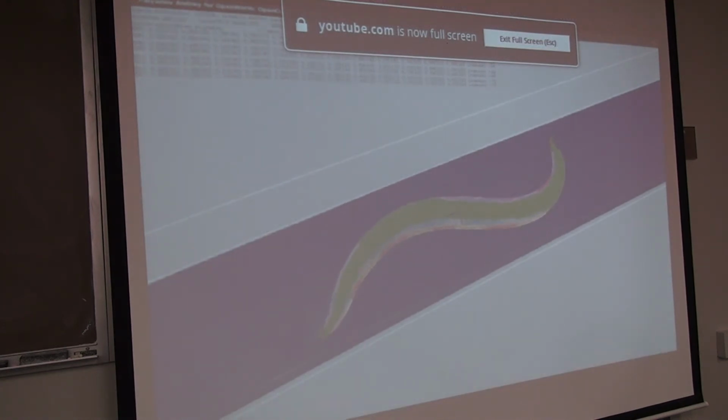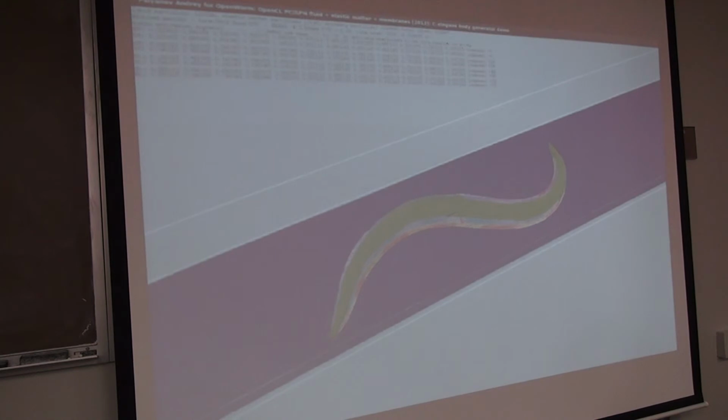I don't have audio hooked up. Well, basically, this is a simulated worm. And what's interesting is it's behaving like the actual C. elegans nematode roundworm actually behaves in the real world, and yet this is a simulation. So we can take these roundworms, which you can only see under a microscope because they're very tiny, and they do some rather intricate stuff.